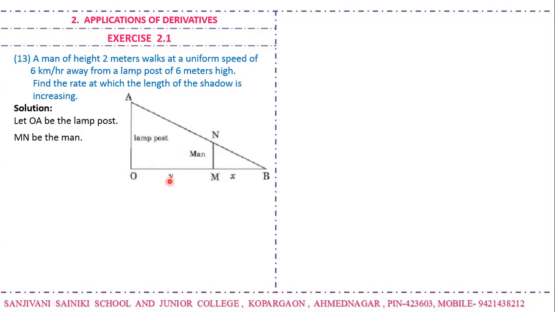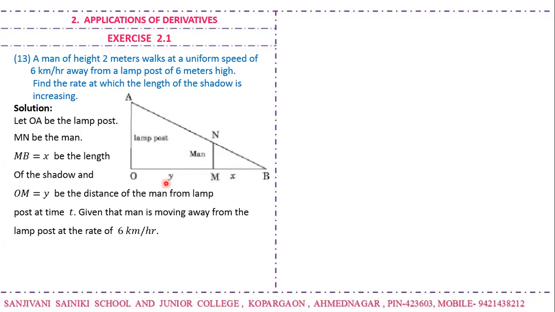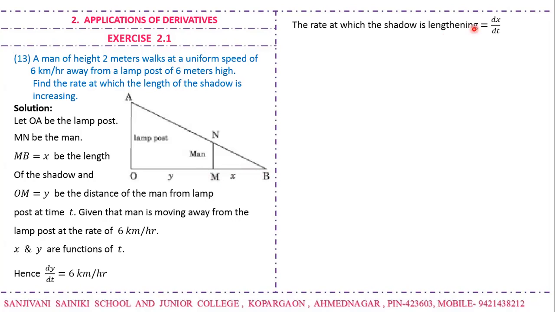That means dy by dt is given, 6 km per hour, and x is the length of the shadow. So dx by dt is the rate at which the length of the shadow is changing.